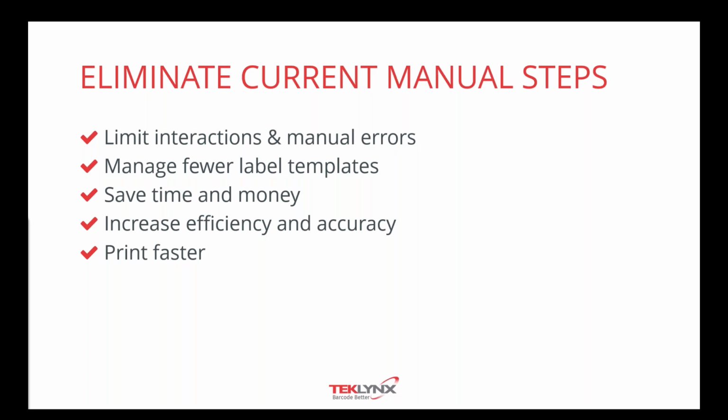Along with that, instead of browsing through hundreds of templates, potentially, depending on how many parts or orders you have, we can manage to fewer templates. And the idea here is, of course, to save time and money, because if you're printing faster, users are taking less time to actually print labels. You're just saving all around, whether it's time, money, efficiency, all that good stuff.